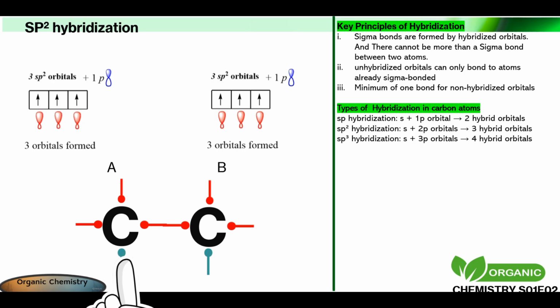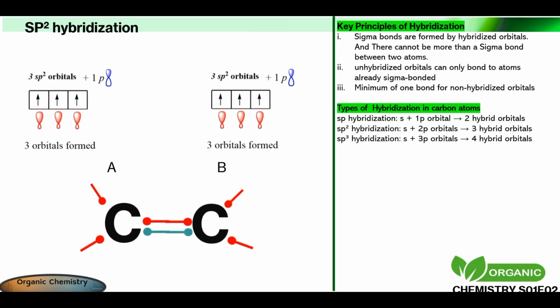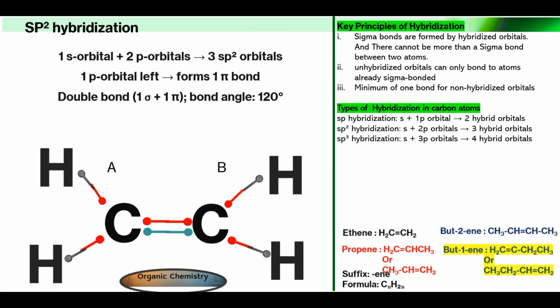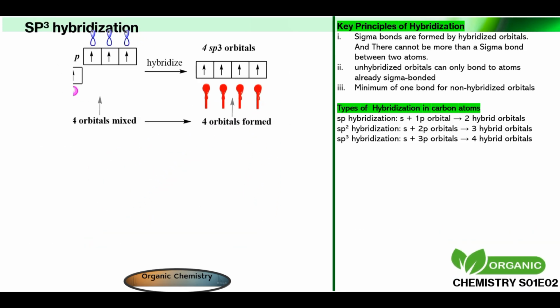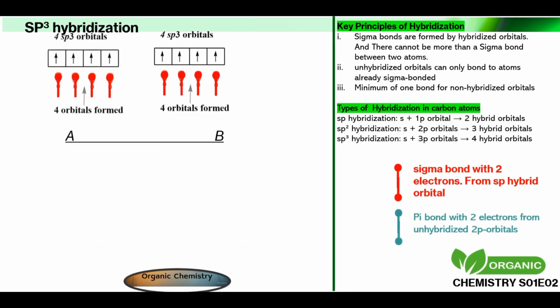These unhybridized orbitals now can bond with the carbon because they can only bond at the point where we have already gotten a sigma bond. It forms a pi bond, resulting in a double bond. But while this orbital is dragging to bond here, the shape of this molecule changes, as you can see. If you're looking at sp3, we have an s orbital bonding with the three p orbitals.